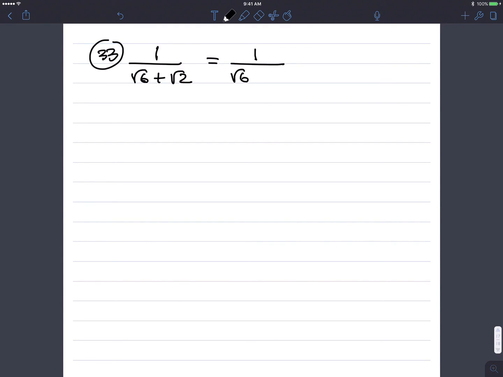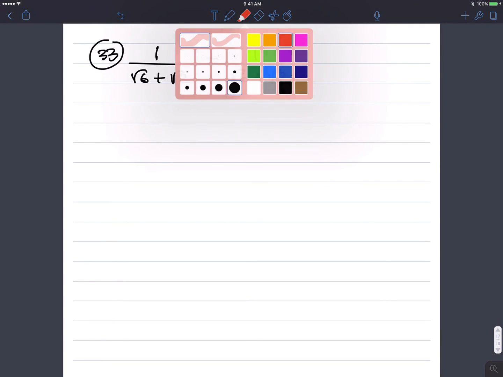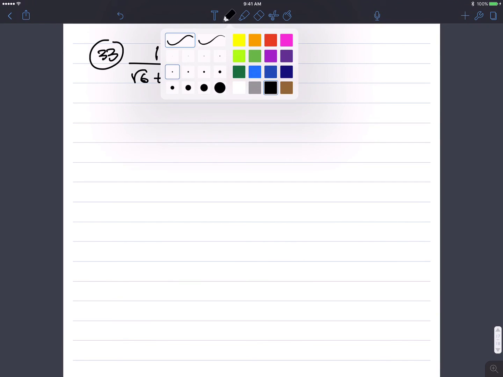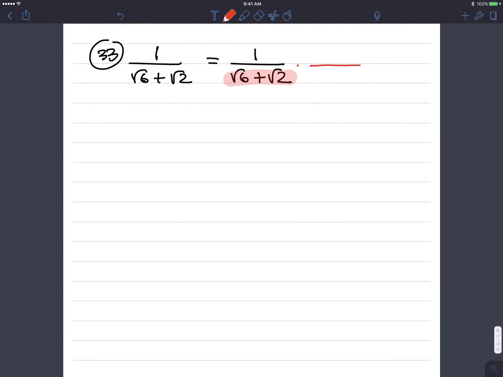One over the square root of 6 plus the square root of 2. Again, we need the conjugate of the square root of 6 plus the square root of 2. We're going to multiply top and bottom, square root of 6, square root of 2, by the conjugate. They differ in sign.